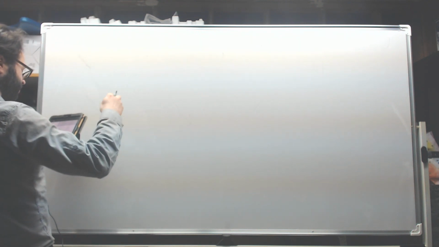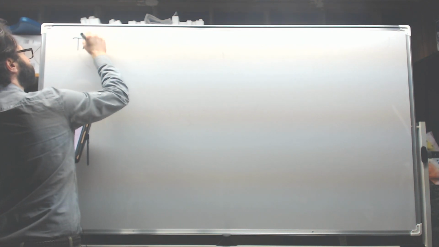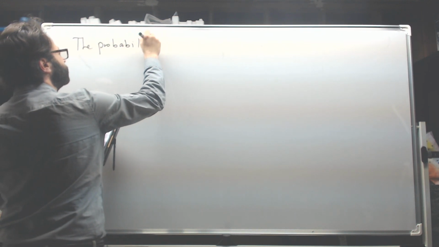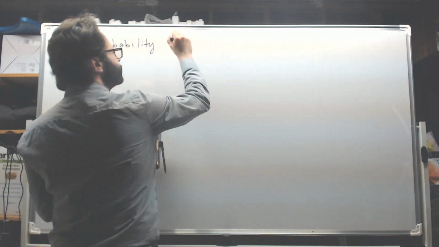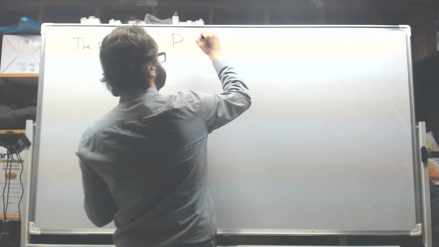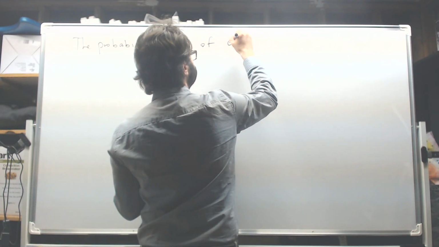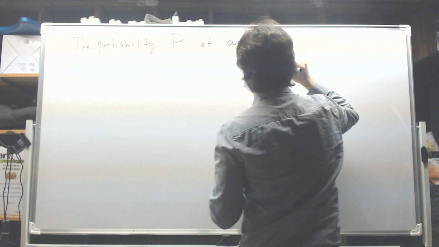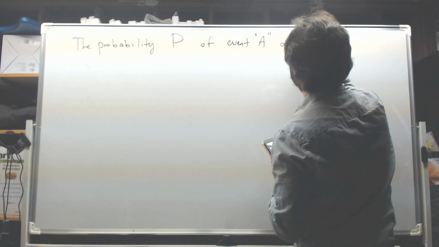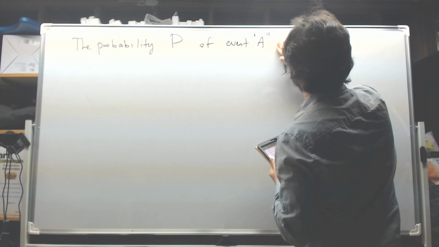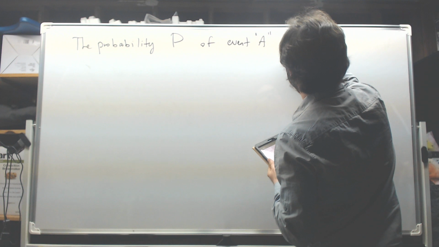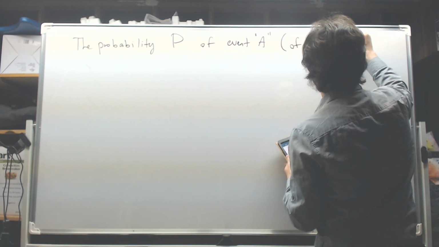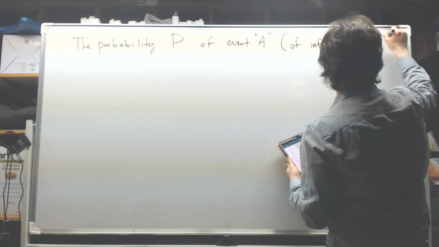So we define the probability, which we'll give the letter and continue to use capital P, of event A, whatever A might be, or in other words, of inference, whatever that might be.